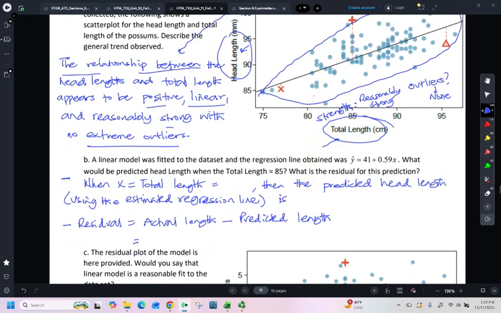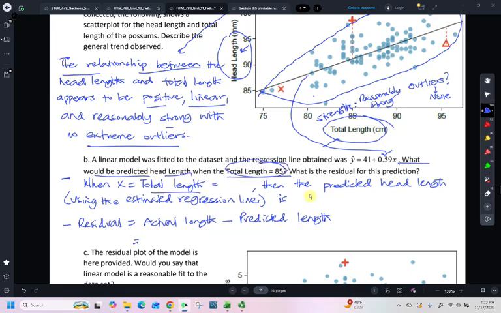The question proceeds to tell us that they found the equation of that line, y hat equals 41 plus 0.59x. Using that prediction line, or the regression model, whatever you want to call it, what would be the predicted head length when total length is 85?